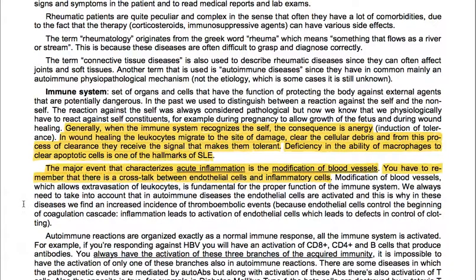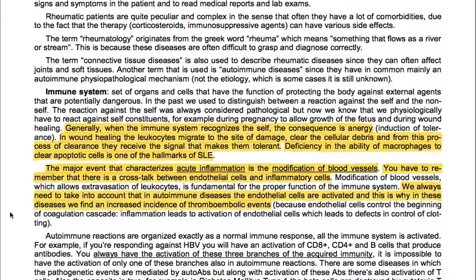We always need to take into account that in autoimmune diseases, the endothelial cells are activated, and this is why in these diseases we find an increased incidence of thromboembolic events, because endothelial cells control the beginning of the coagulation cascade. Inflammation leads to activation of endothelial cells, which leads to defect in control of clotting.